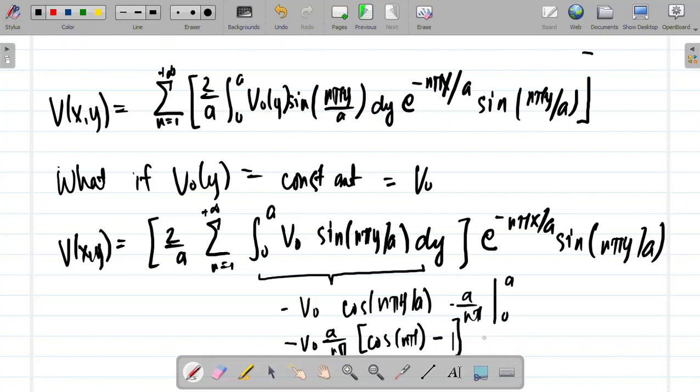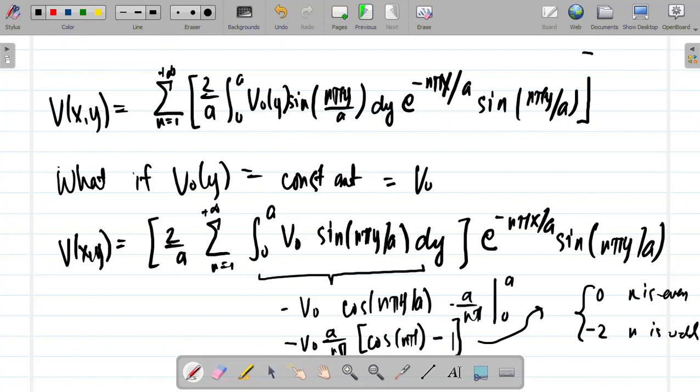Ayan. So, class, ano ang cos n pi minus 1? Ang cos n pi minus 1 ay equal sa 0 if n is even and equal siya sa negative 2 if n is odd. N is even, cos 2 pi, so 1.